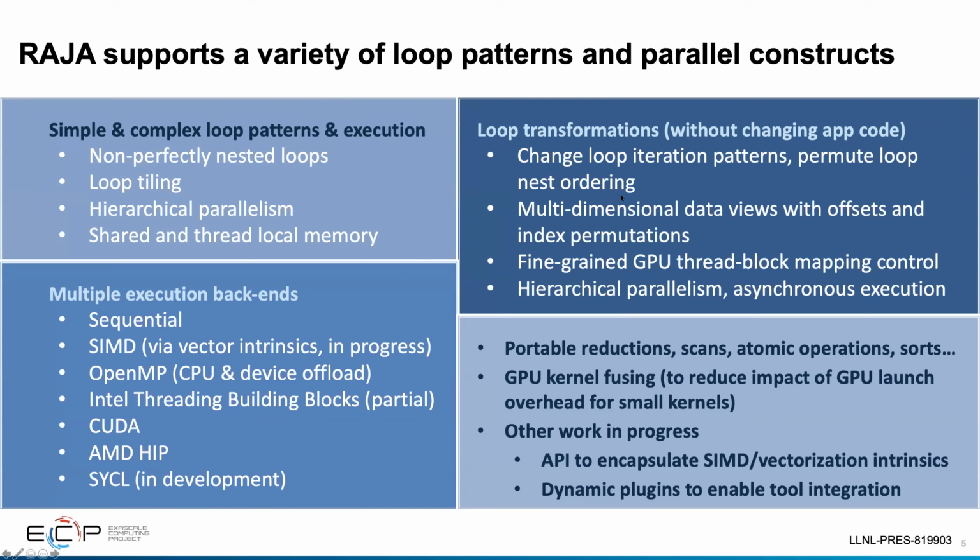So examples of this are changing loop iteration patterns, permuting loop nest ordering, as well as support for portable reductions, scans, atomic operations and sorts. And then there's additional tools in here that help improve general application performance, and I'll give examples of this. And of course, there's always ongoing work.